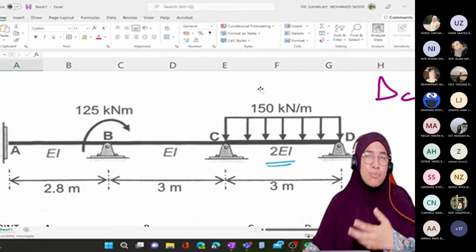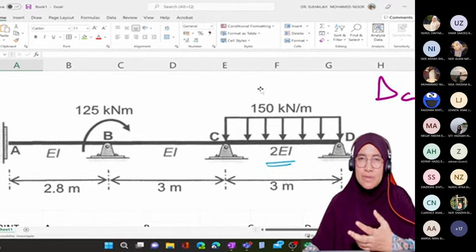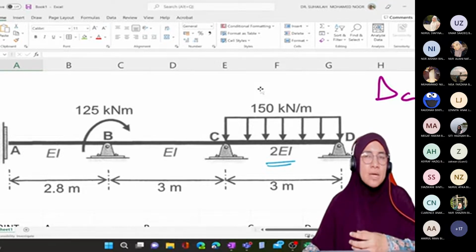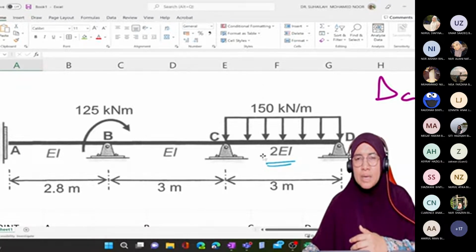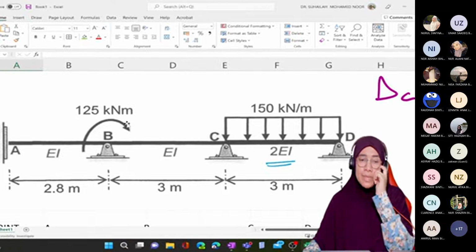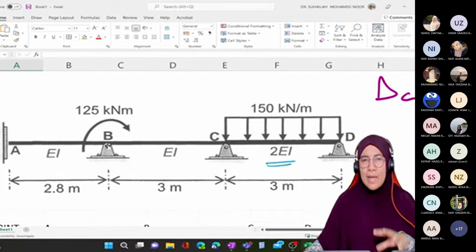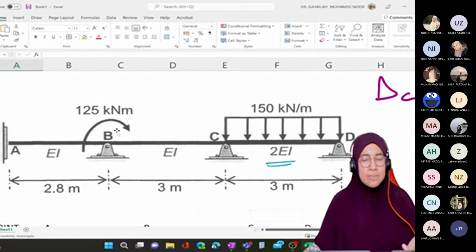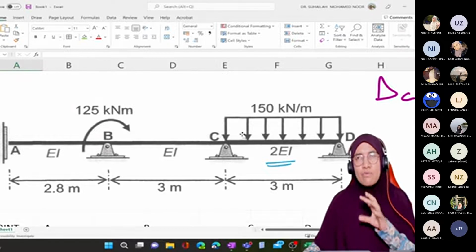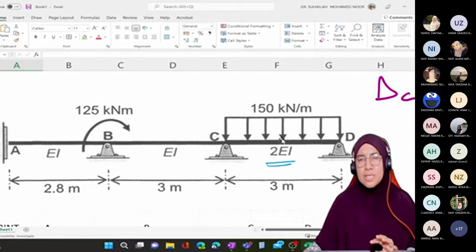When we analyze a beam with the stiffness method, we use the fixed end moment formula to distribute moment. So same goes to this. The joint moment does not go into FEM; it goes into the distribution later on. For fixed end moment, we only consider 150.